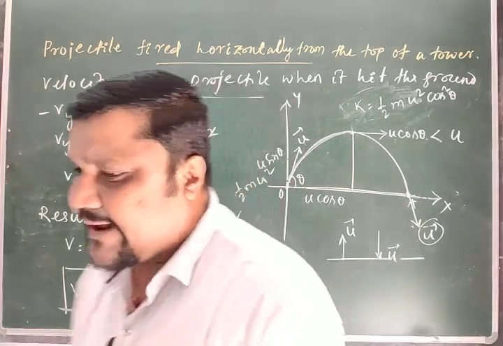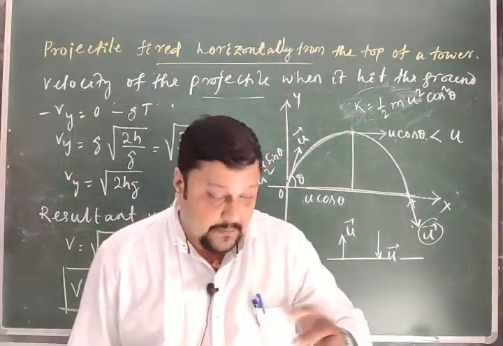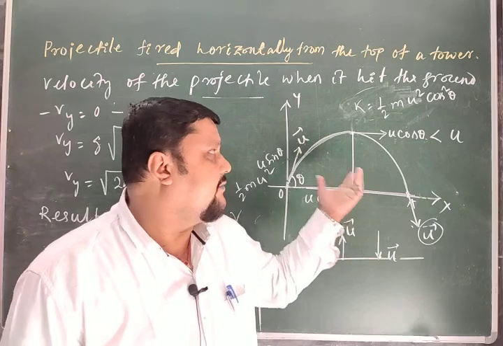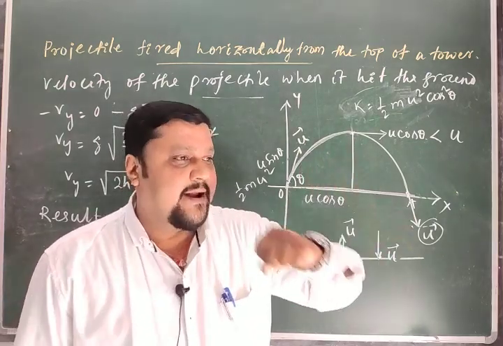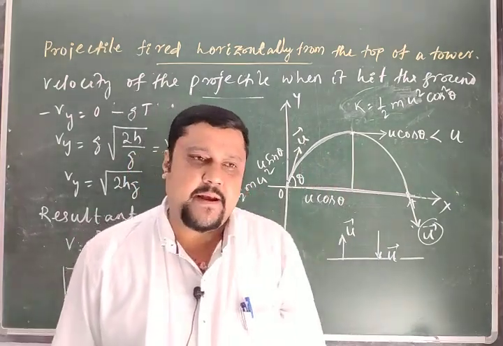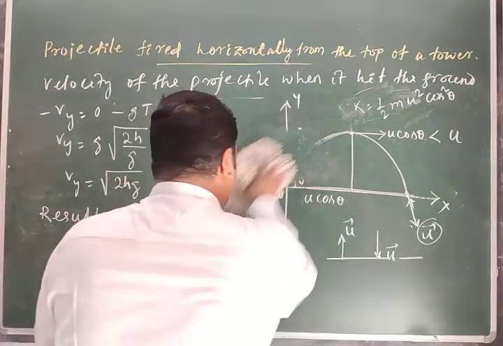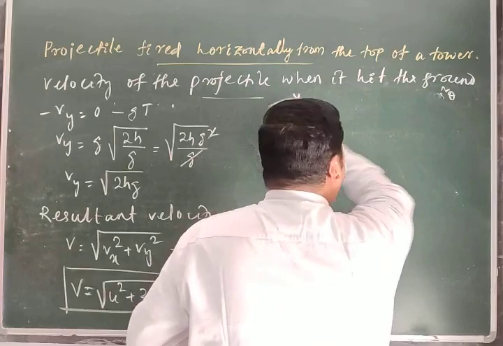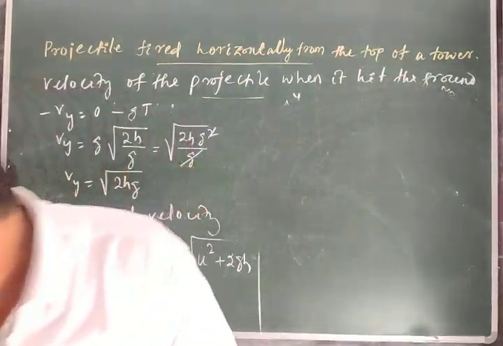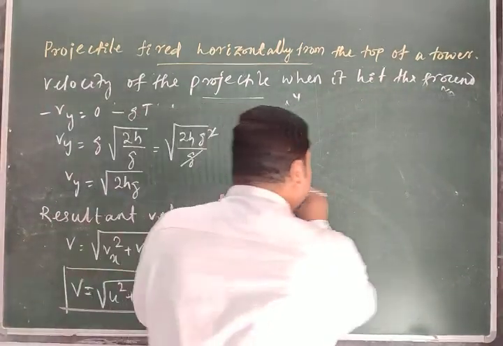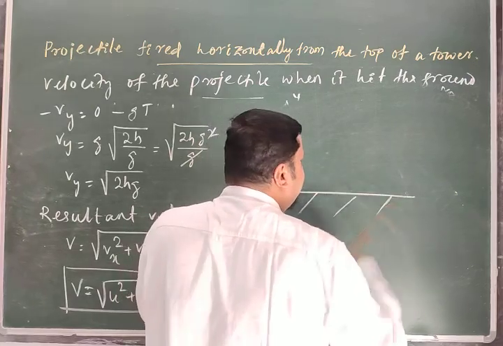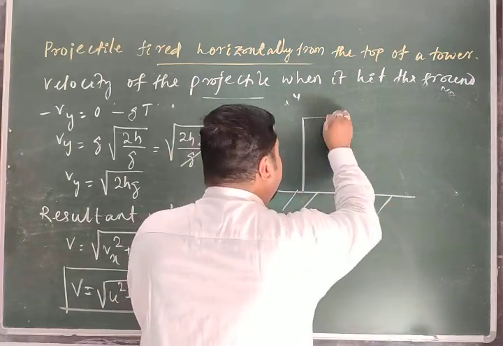So in that way we have discussed projectile motion for the oblique projectile, a projectile fired at an angle theta, and a projectile fired horizontally from the top of a tower. Next, as another homework, suppose the projectile is projected from a height.